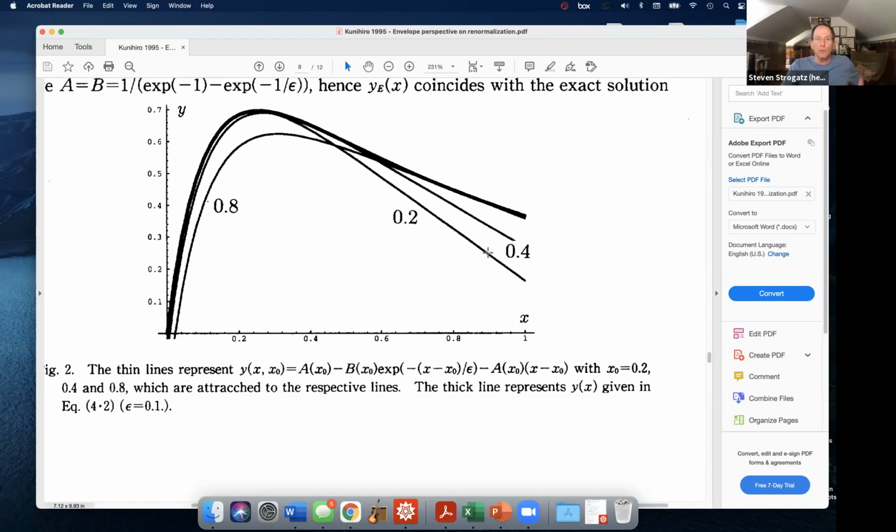Here's the one for 0.4, here's the one for 0.2, here's the one for 0.8. And you see that the family has some envelope, and the envelope is what we just calculated. In other words, the envelope of this family of expressions from the regular perturbation theory is the correct result obtained by renormalization.